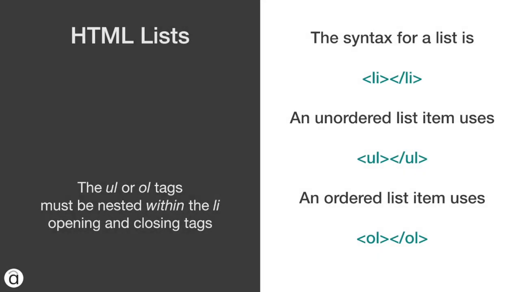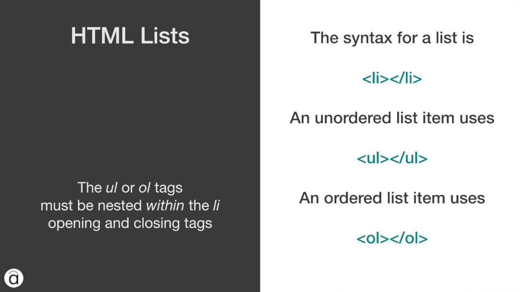Okay, so let's have a look at the syntax first. Syntax is always pointy brackets, backslash, pointy brackets in HTML. So it's just the letters in between that we're now concerned about. LI stands for list item.